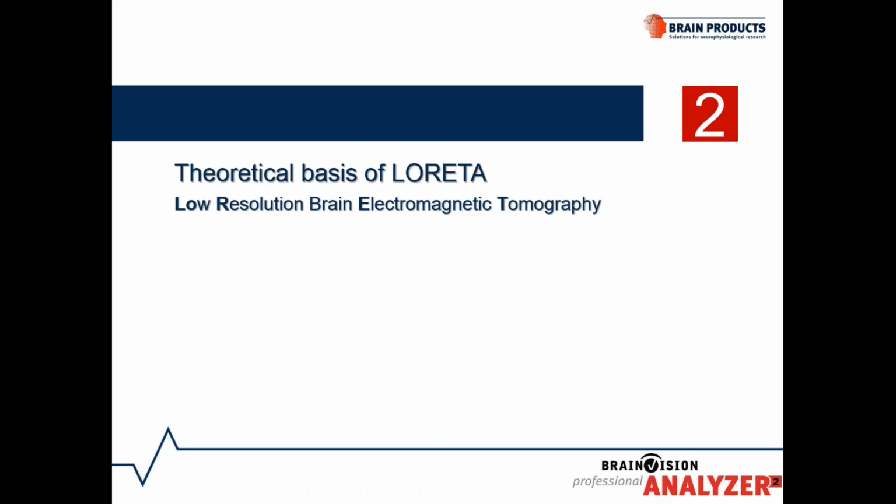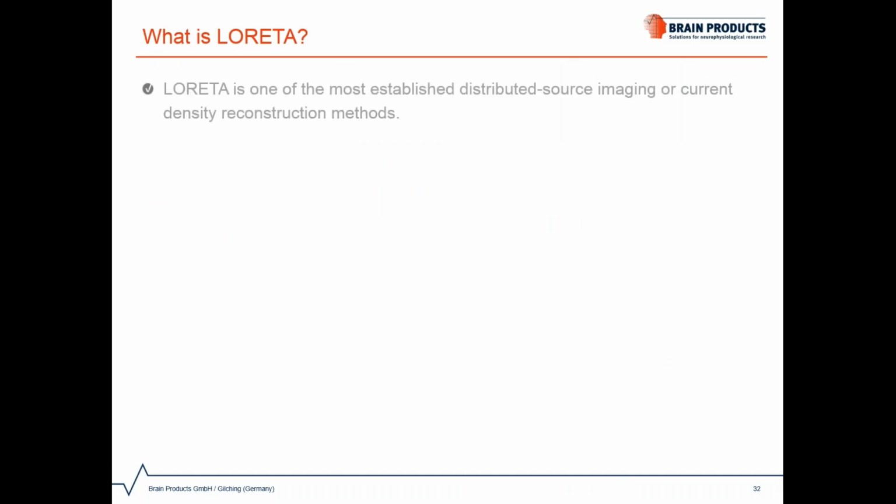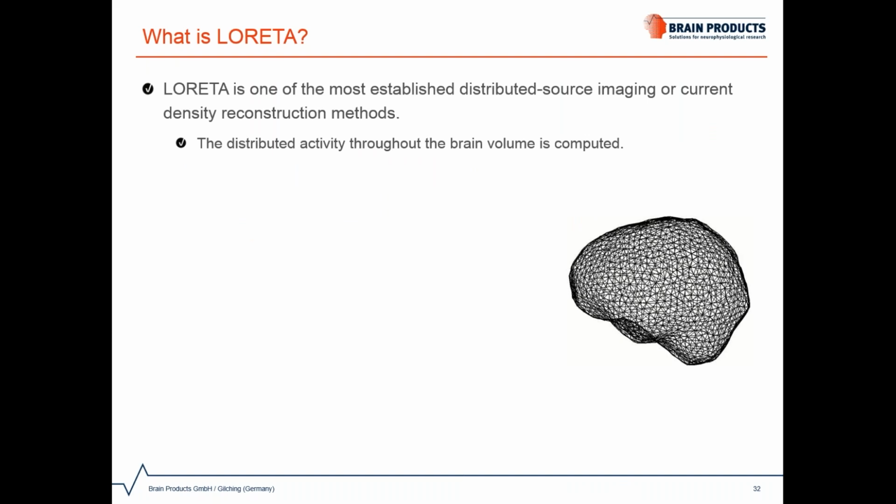So let's first dig into its theoretical basis. First, what is LORETA? It is one of the most established current density reconstruction methods. It enables you to estimate the distributed activity throughout the brain volume. So first you start with defining a source space inside the brain volume. The most commonly used source space is the cortex.